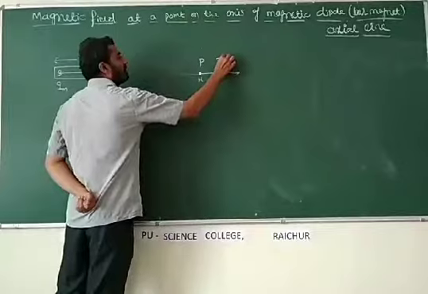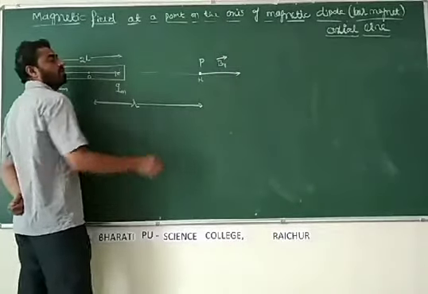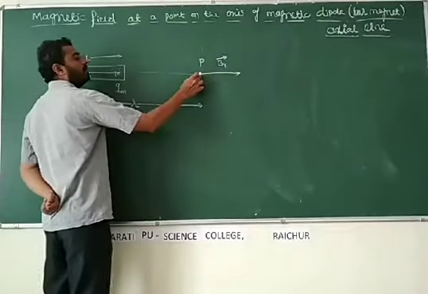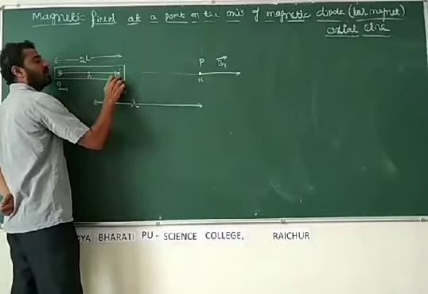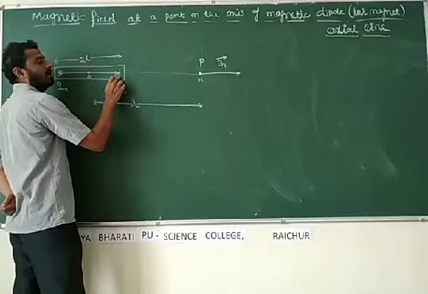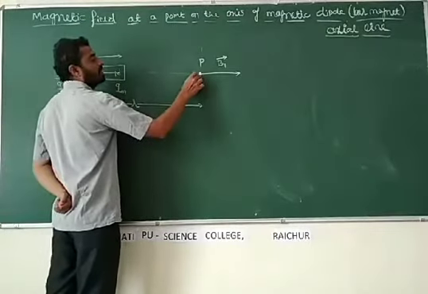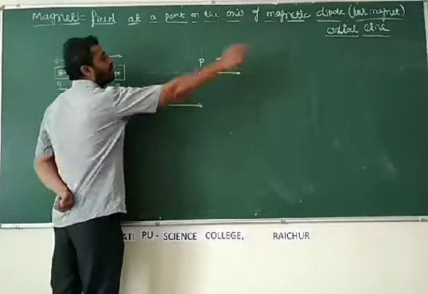Now, magnetic field is a vector quantity. Field at a point P due to the north pole of the source magnet or magnetic dipole acts along MP.